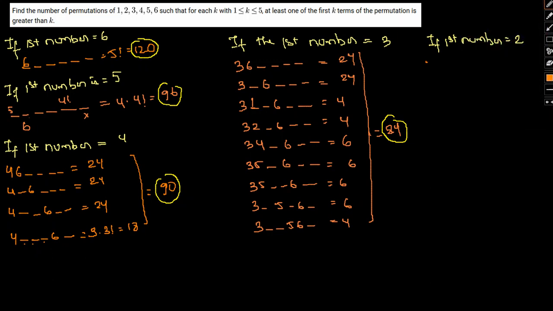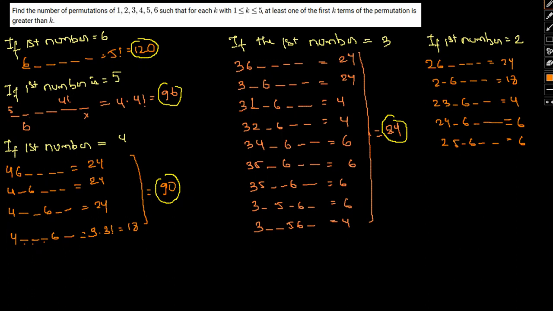Again there are multiple cases: 24 ways, 2 dash 6, 18 ways, 2, 3 fixed with 6, 4 ways, 2, 4, dash, 6, 6 ways, 2, 5, 6, dash, again 6 ways, 2, dash, 5, dash, 6, dash in another 4 ways, 2, 4, dash, 5, 6, dash in 2 ways, and 2, 3, 4, 5, 6, 1 in 1 way. If we add this all up, we get 71 ways.